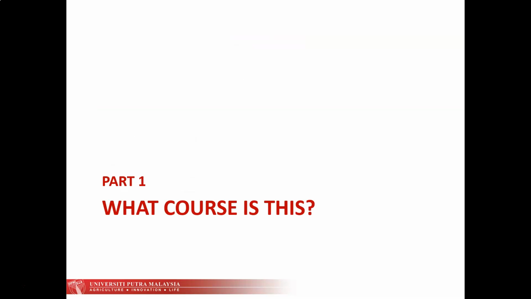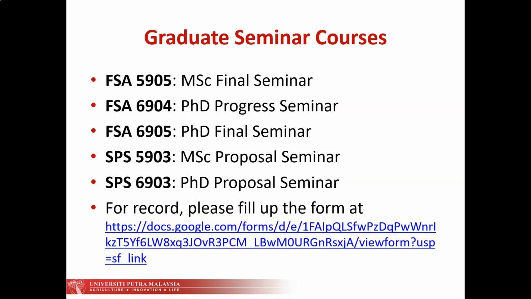Okay, so the first part is to tell you what this seminar course is about. This is the first time I'm teaching multiple codes at the same time. We have different graduate seminar courses, as indicated in the slide now.